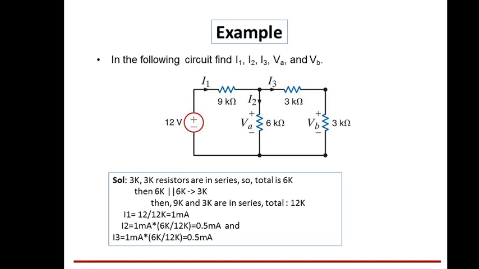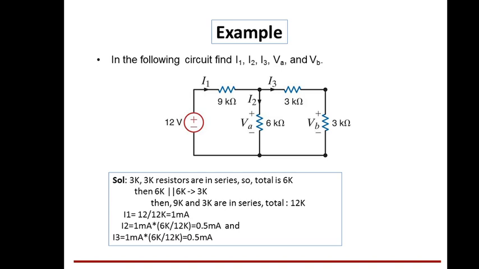Now how to find the voltages VA and VB? VA is the voltage across 6 kilo ohms. VB is the voltage across 3 kilo ohms. So we already know I2 and I3. If we count VA, what is VA? I2 into that particular resistance, 6 kilo ohms into I2, 0.5 milliamperes. Kilo and milli cancel out.